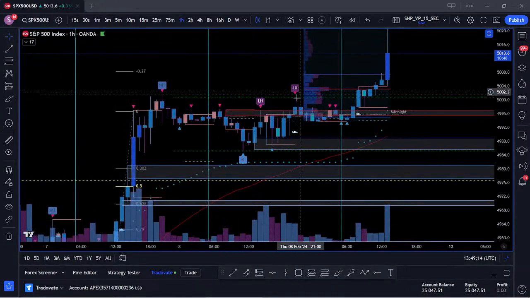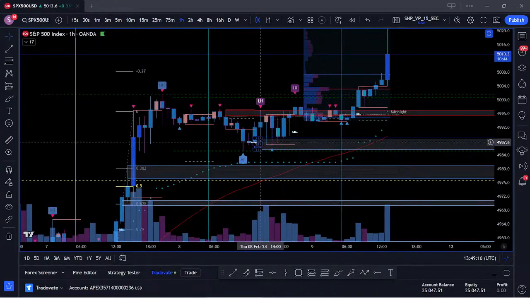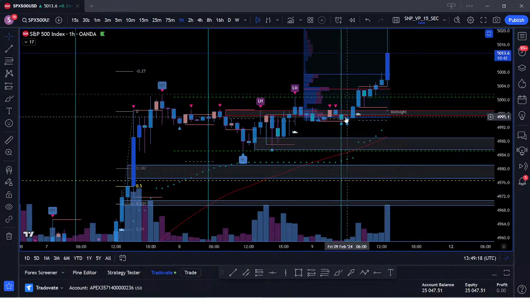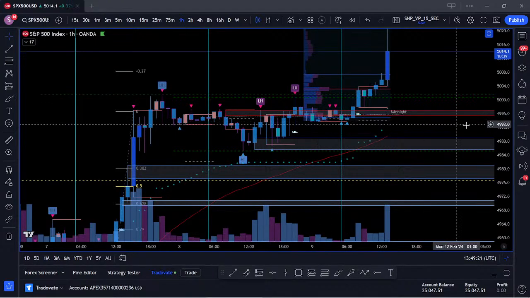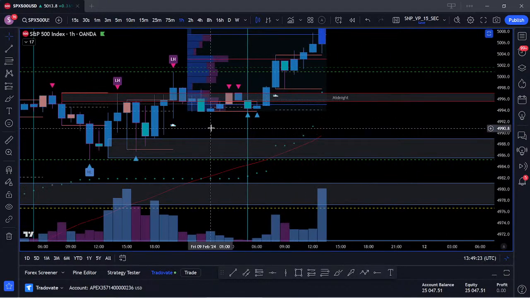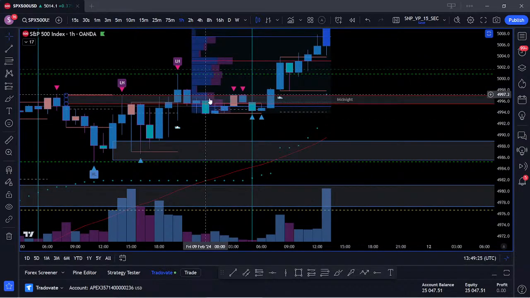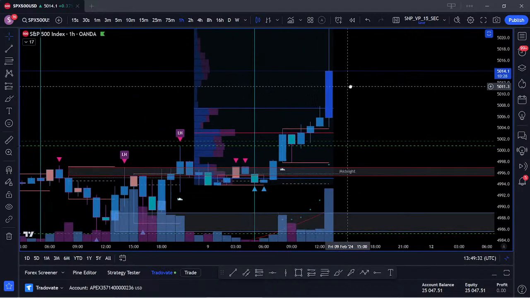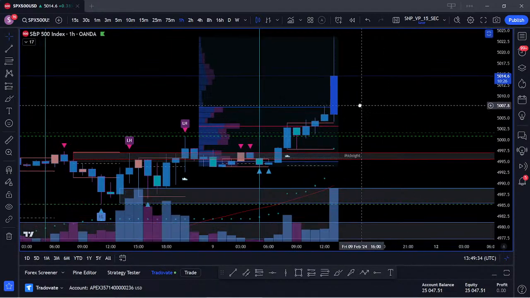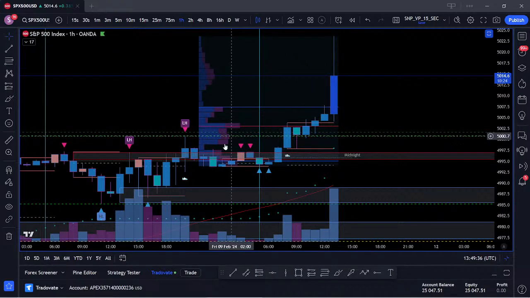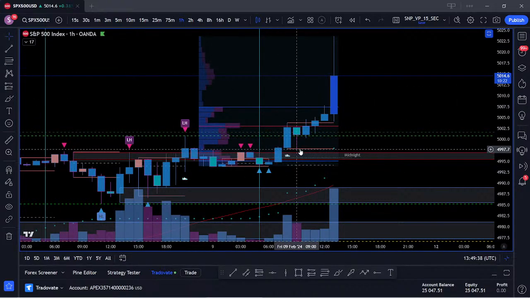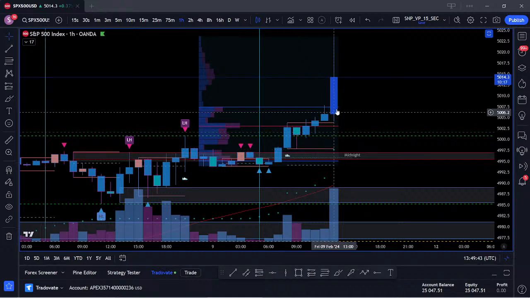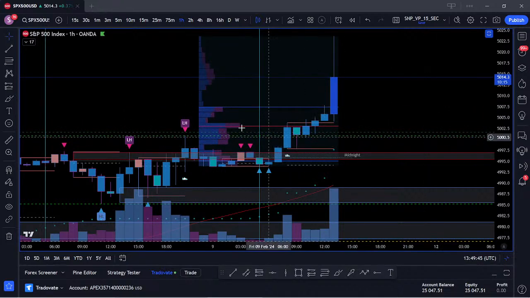Okay, so what we can see here, after the midnight, we see the action is consolidation in this Asian session, and then we have an uptrend in the morning. So this is the news, a pullback. So we don't have a sideways today. We have a bullish long trend.